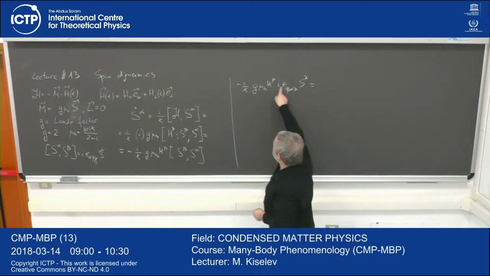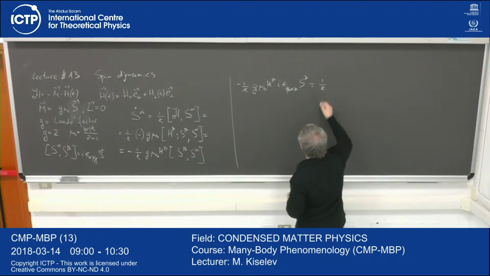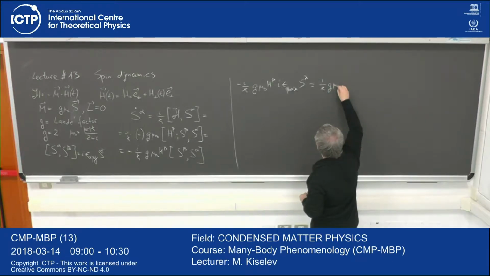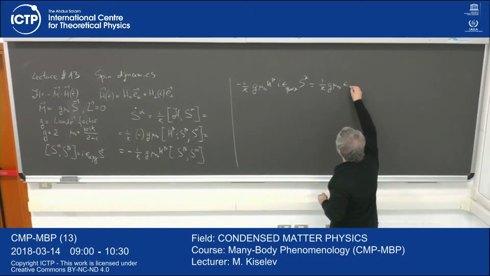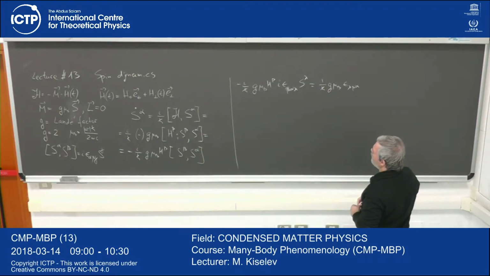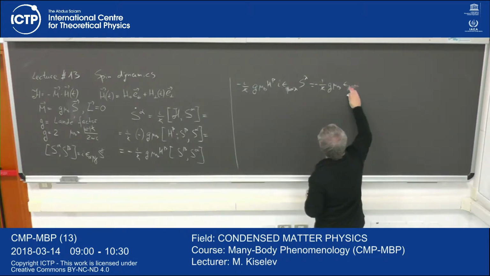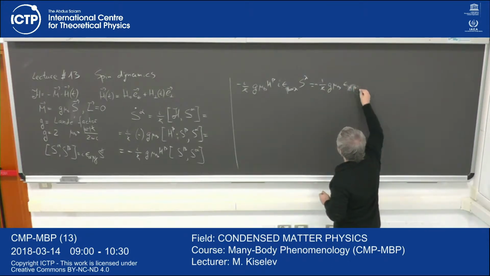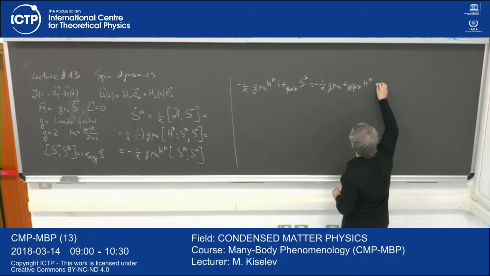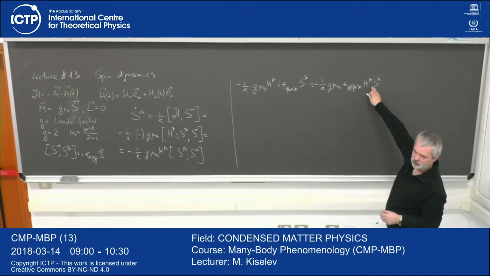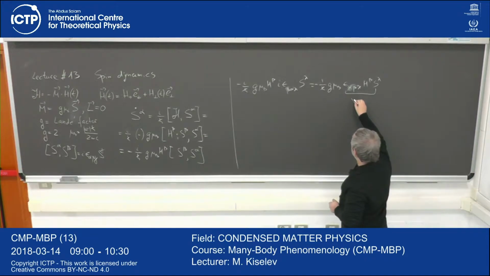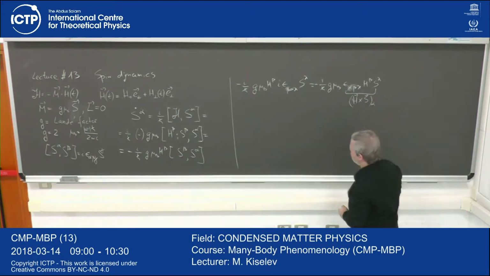Okay. i and minus i gives me 1. This is 1 over ħ, g μ_B, epsilon. Let me make a cyclic permutation, λ, β, α. Now, I will write it as minus, making an anticyclic permutation, α, β, λ, H_β S_λ. Okay? So this is a cross product, right? This is a cross product, H times S, namely its α component.